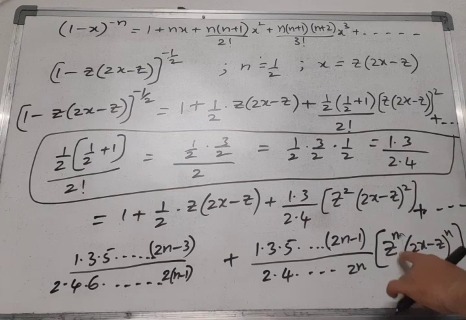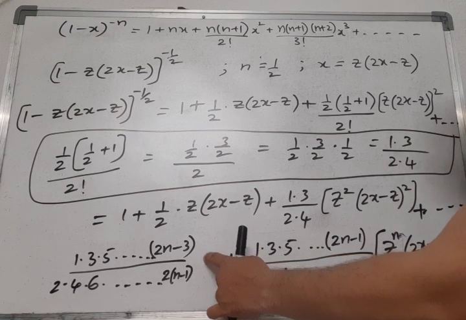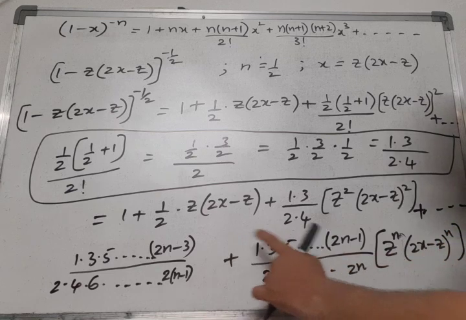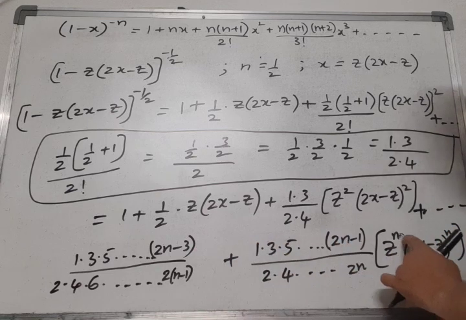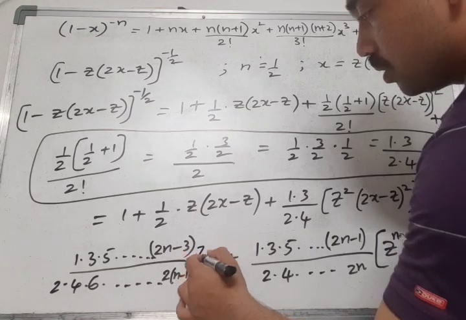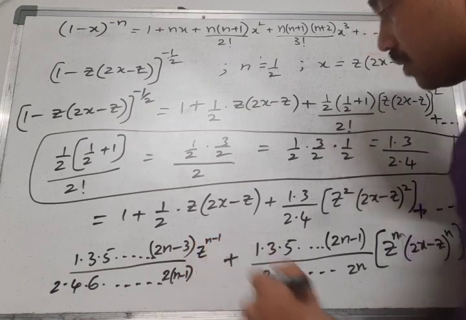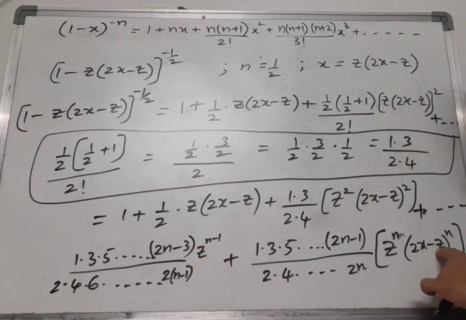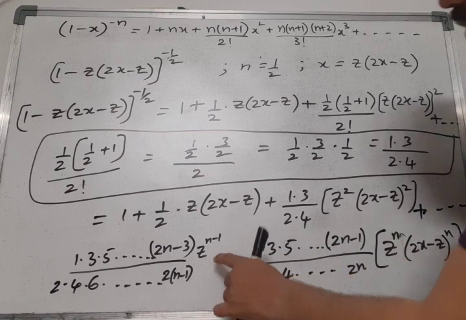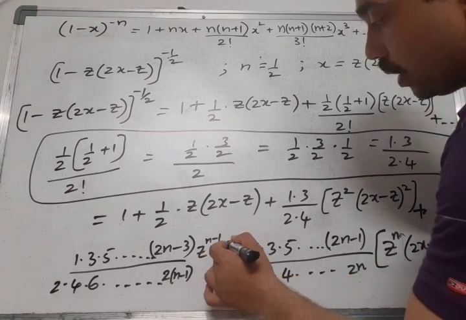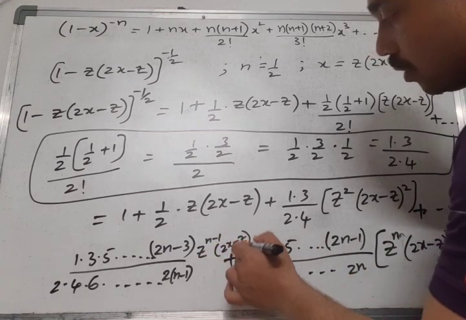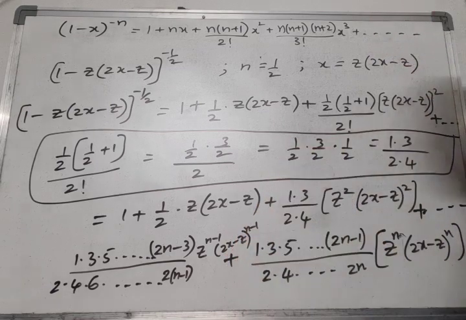And z to the power of n is there, so for the n minus 1th term it is z to the power of n minus 1. And 2x minus z whole power n becomes 2x minus z whole to the power of n minus 1.